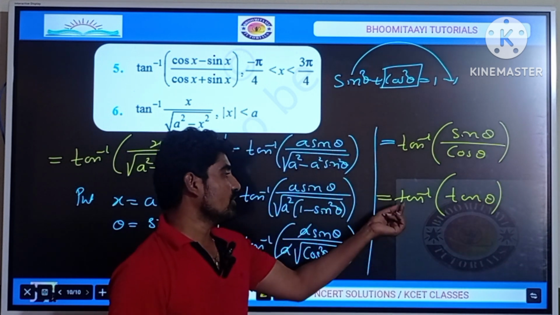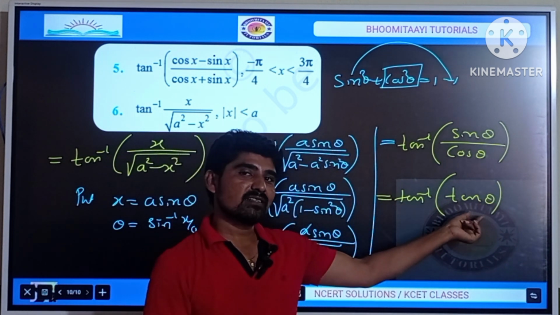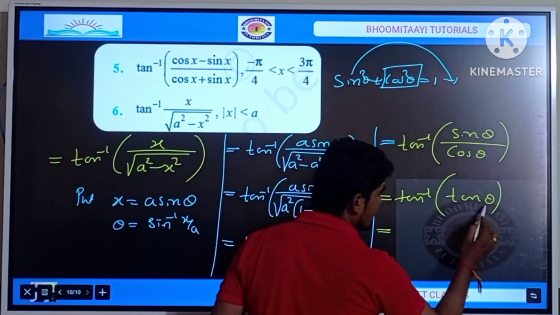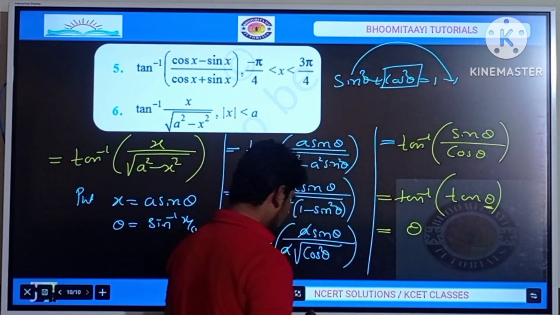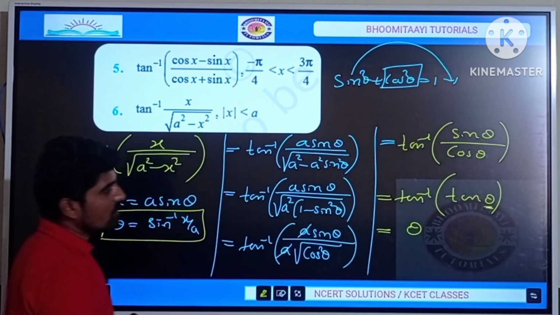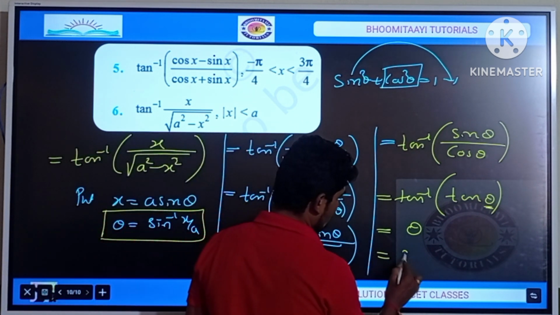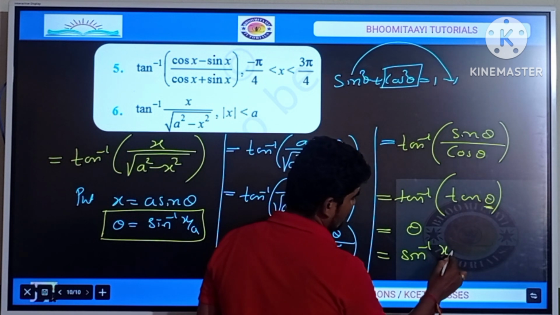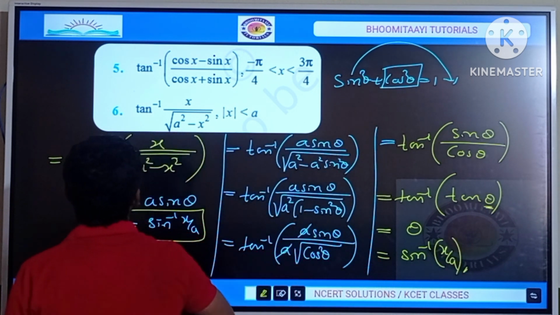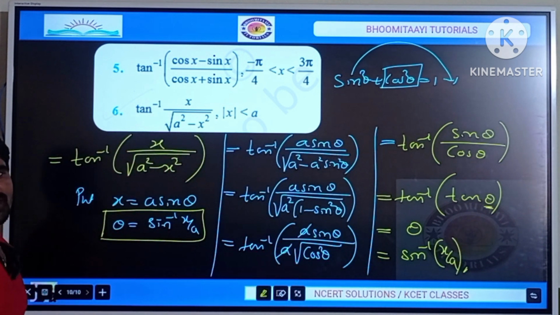Now it is of the form tan inverse of tan x, and we know that tan inverse of tan x is equal to x. What is x here? Theta. And by the substitution we know that theta is equal to sin inverse of x by a, which is the simplest form of the sixth inverse trigonometric function.